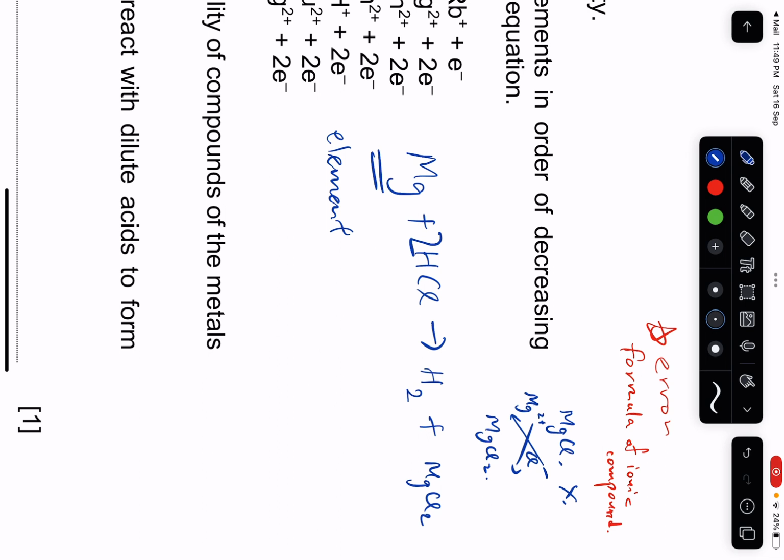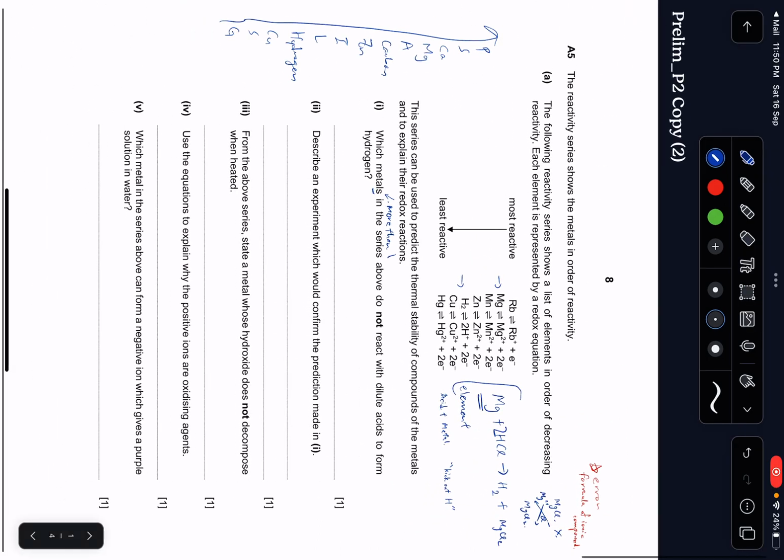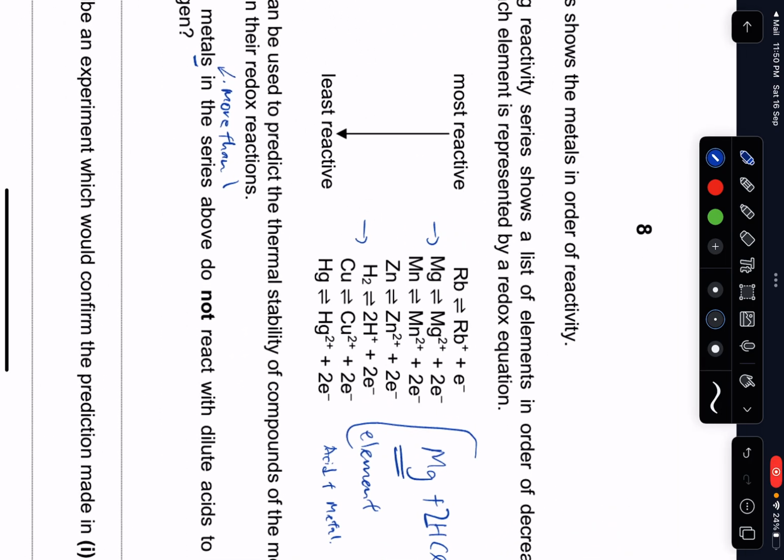So from this acid metal reaction, it seems like I need to kick out the H. And recall, to kick out the H you need a more reactive metal. So look at the series that's given here. Which metals here are more reactive than H, which means they can kick out the H?